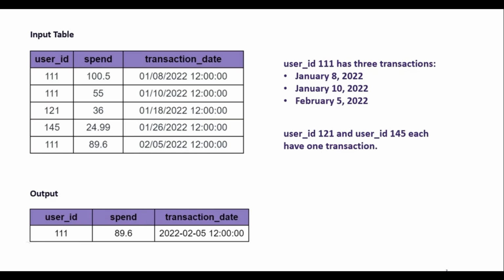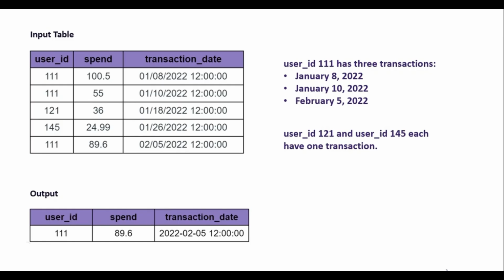So now the question is, how will we find the user details who made the third transaction? In this case, we just have to display the third transaction of each user.